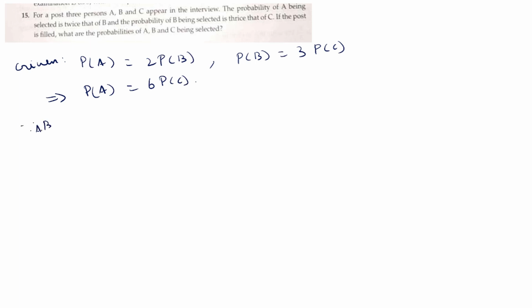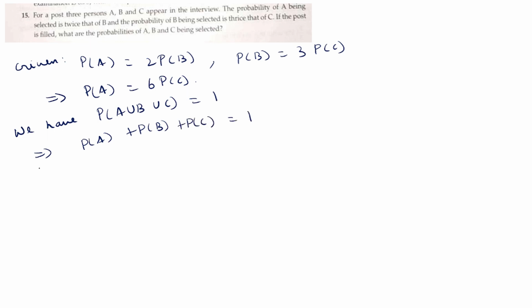Since A, B, C, all these events are mutually exclusive and exhaustive, we have P of A union B union C equal to 1. This implies P of A plus P of B plus P of C equal to 1.